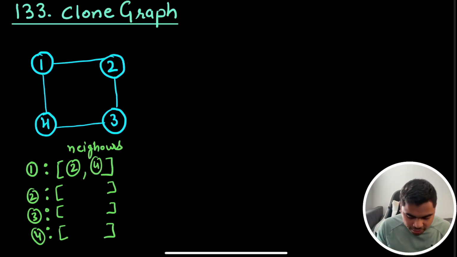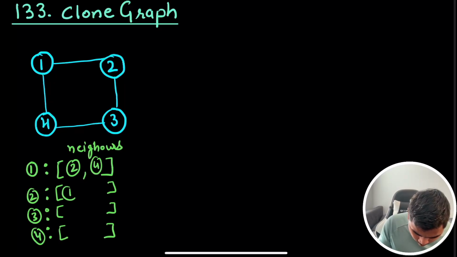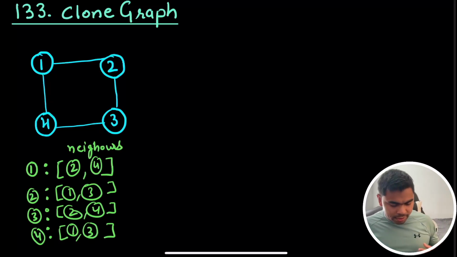That's how they are connected. So 2's neighbors are going to include 4 and also 1, and 3. Same with 3, which is going to have 2 and 4, and then 4 is going to have 1 and 3. Okay, so this is the graph that's given to us.